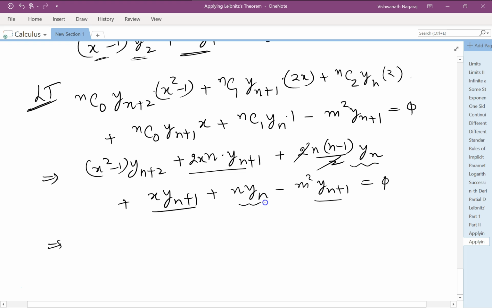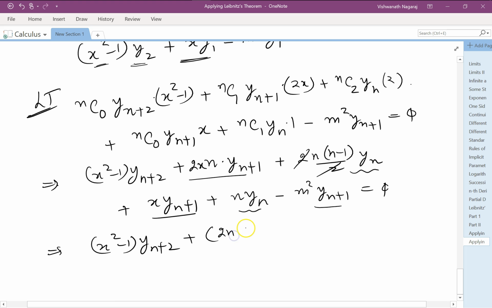This and this are like terms. So now x square minus 1 yn plus 2 plus n plus 1, 2n plus 1 and minus n square, yn plus 1 times x is, no, x is not common here.